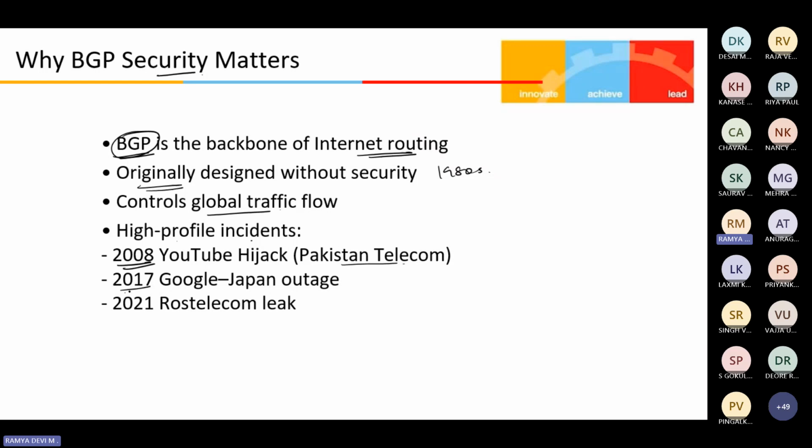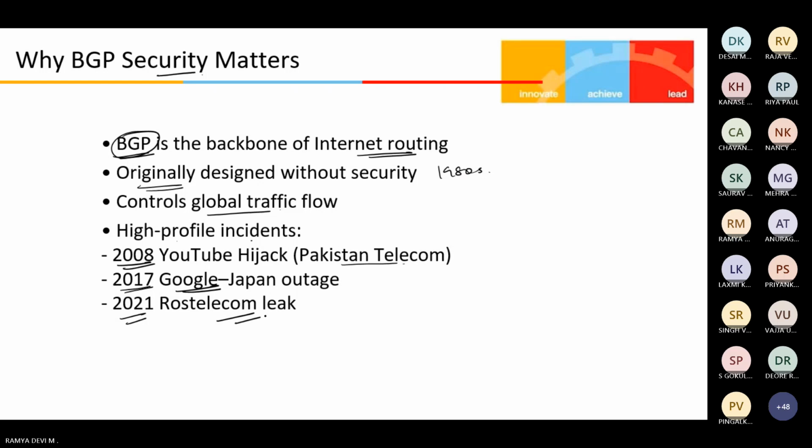In 2017, misconfigured routes by a Japanese ISP disrupted global Google services for millions of users. And recently in 2021, a Russian ISP leaked routes, causing traffic redirection and security concerns.